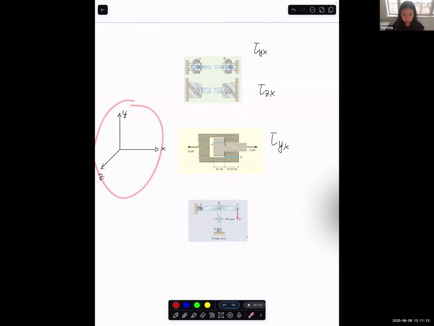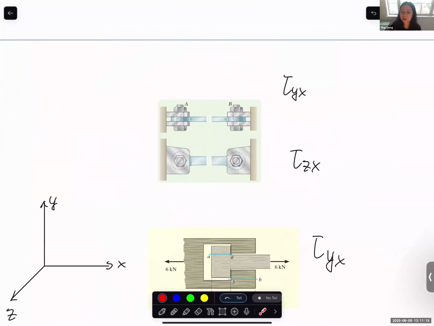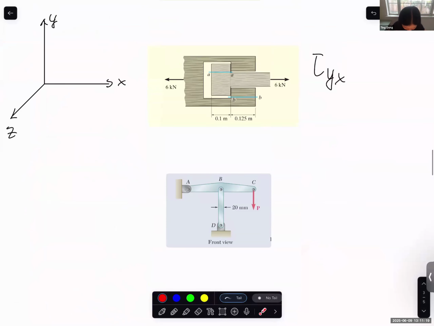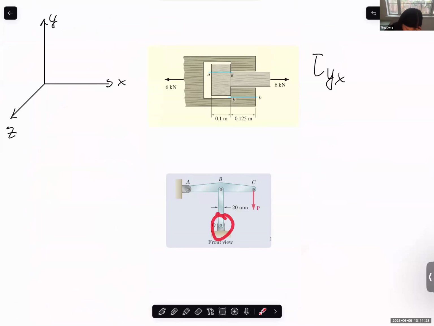Same coordinate system. I think I can rotate now. It's larger. Let's say we have the pin at D. What is the subscript for the shear stress on pin D? ZY. Thank you.